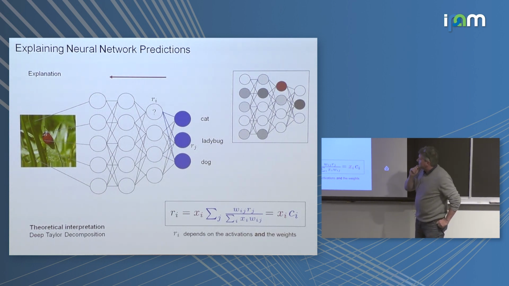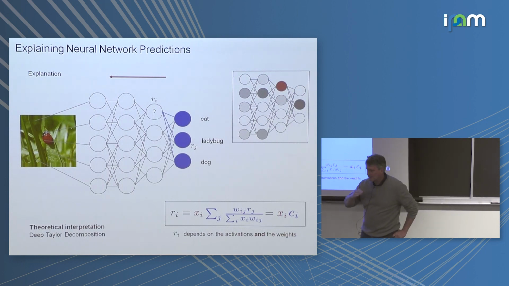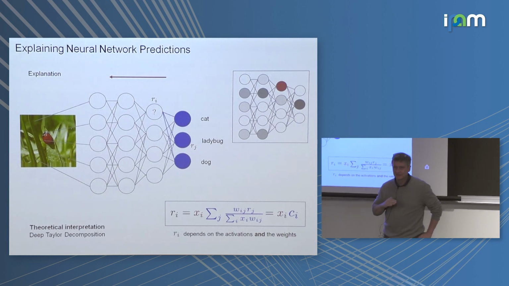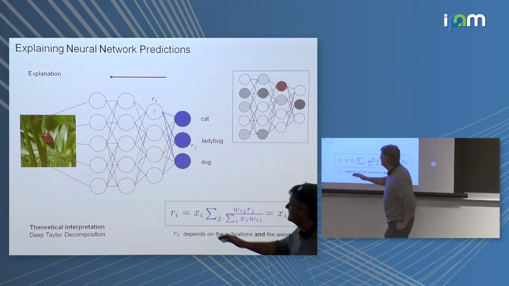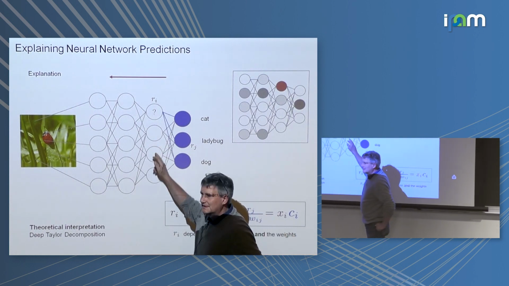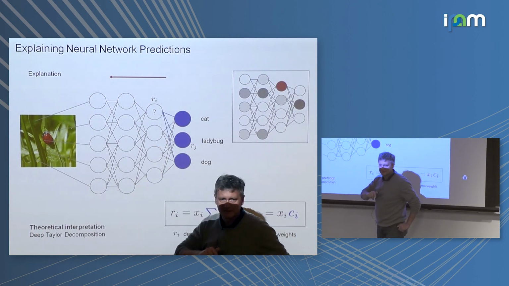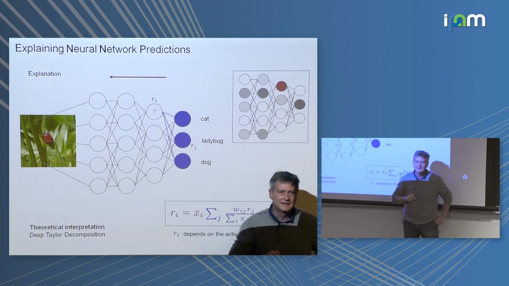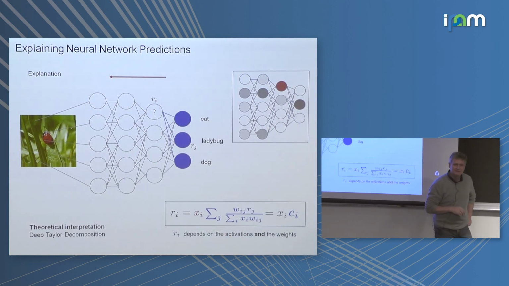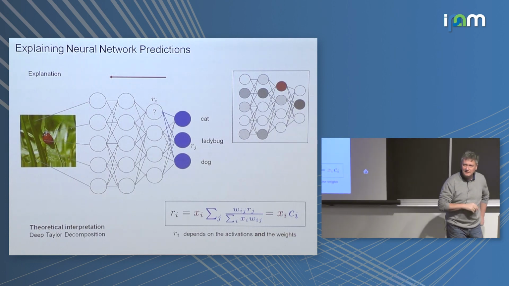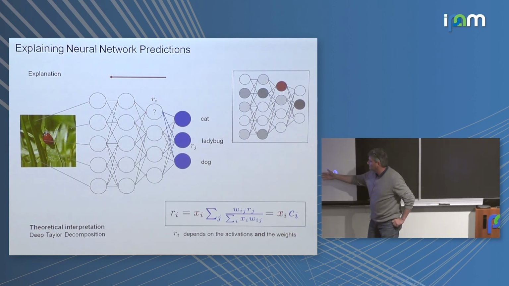In the case of a deep Taylor decomposition, the idea is the following. So you do a local linear decomposition around different root points. So every one of these nodes does something local linear around a well-chosen root point, and then you can prove that this is doing the same as a global Taylor. So that's nice. And that's basically what this formula is implementing.